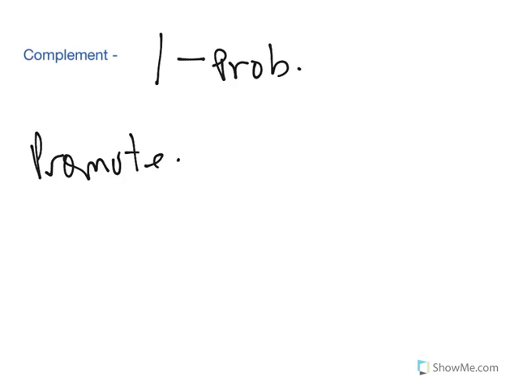When we are talking about two probabilities that are kind of like the opposite of each other, we call them complements. And we find complements by taking 1 minus the probability. So when we talked about number 2, the probability of being promoted, we know that promoted was 0.25.